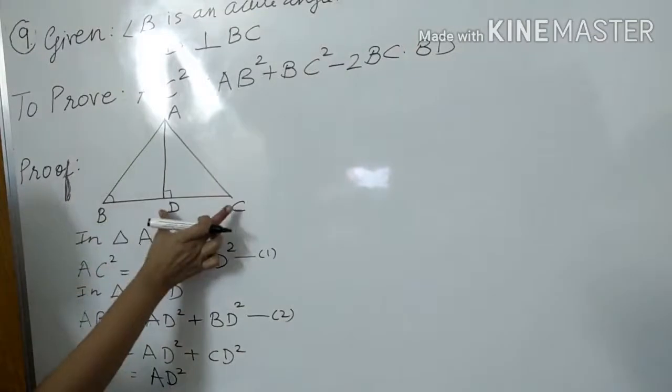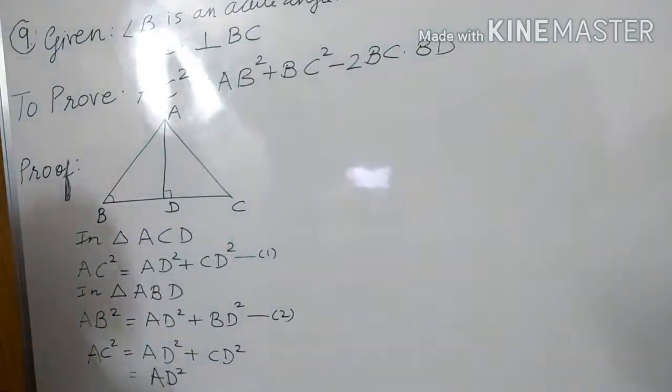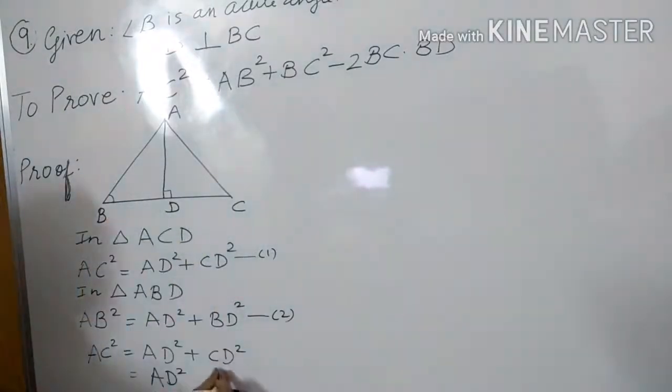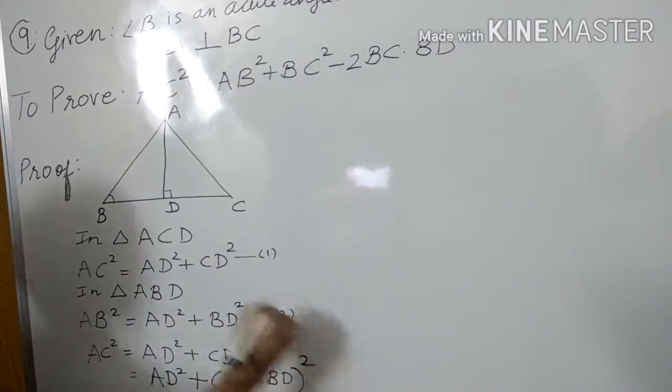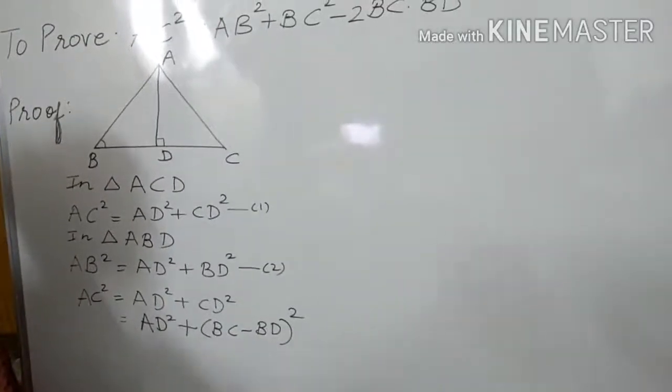This CD is nothing but whole BC minus BD. So I will write BC minus BD instead of CD, that is BC minus BD whole square.